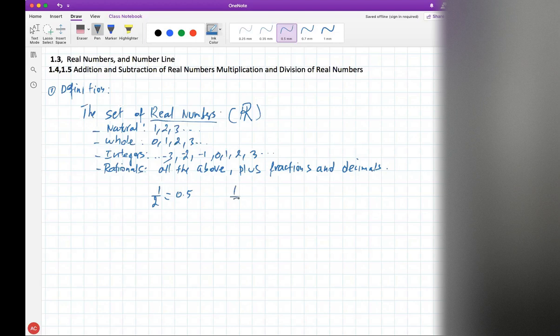What about 1/3? When you divide it, what do you get? 0.25? 0.75? Nope, that's not right. 1/3 is not 0.3, it's 0.333. It's one of those divisions that don't end.